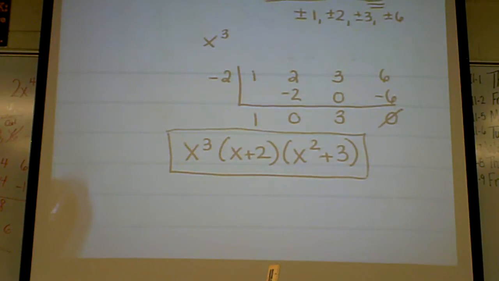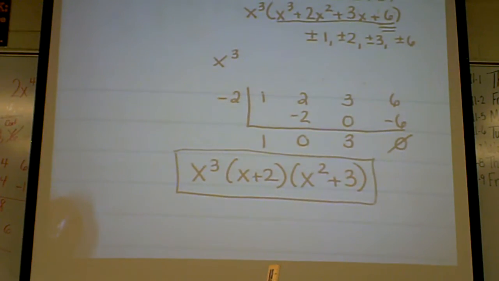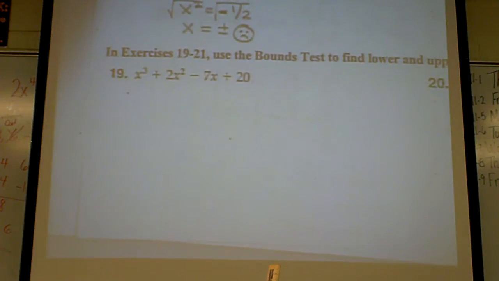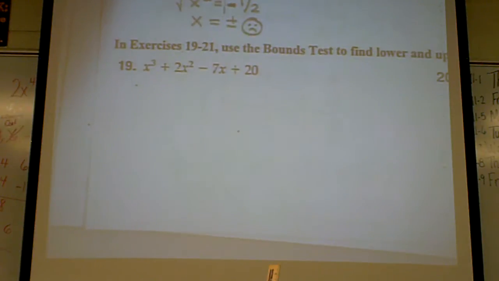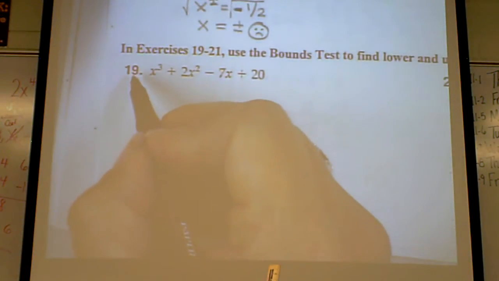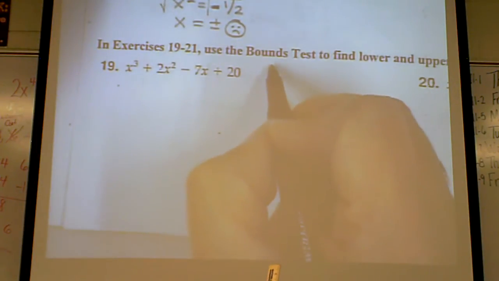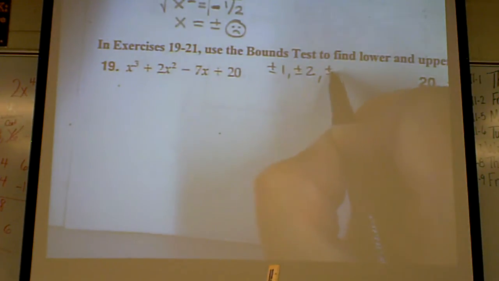Okay, I want you to look at 19. I'm changing this around. If I ask you, first of all, what are your possible zeros? 1, 2, 4, 5, 10, and 20.